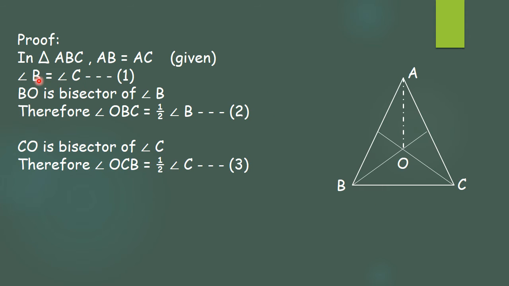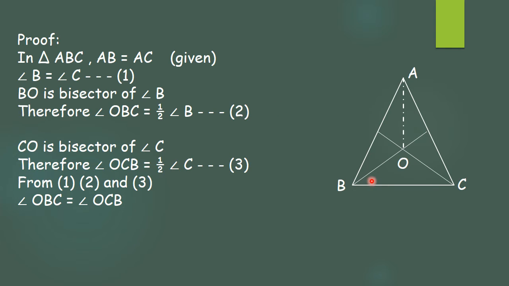Since B is equal to C, half B will be equal to half C. So from 1, 2, 3 we get angle OBC is equal to angle OCB.